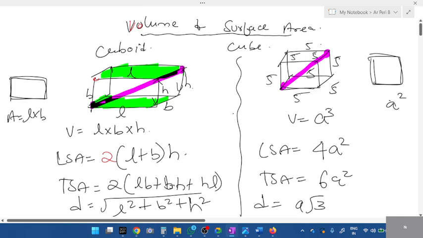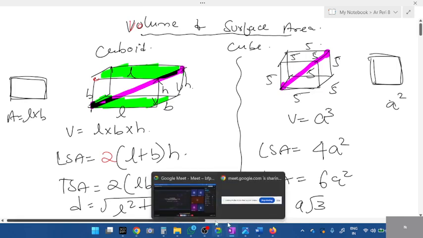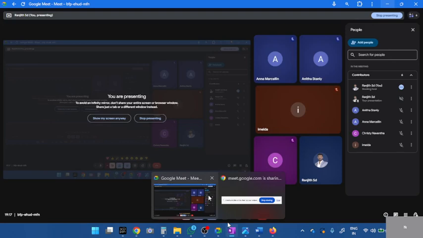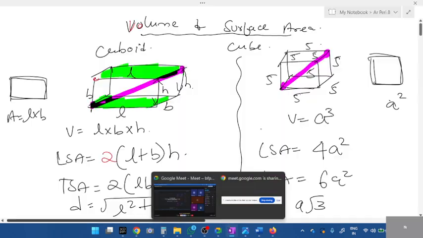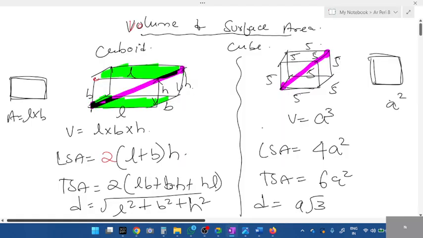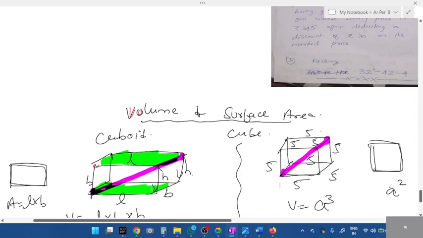Students, completed? Have you made a note of the formula or still writing? Done? Let me know. We'll start the next. First, we'll complete the previous question, then a few from the textbook.